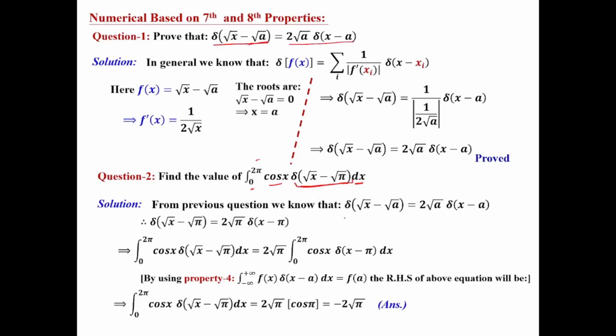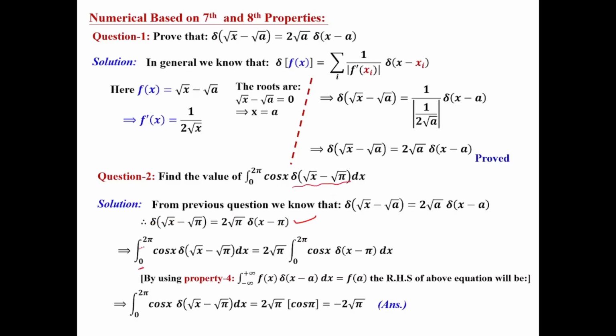From the previous question, we know that delta of root x minus root a equals 2 root a delta of x minus a. Therefore, instead of a, here in the question root pi is there. So delta of root x minus root pi will be 2 root pi delta of x minus pi.